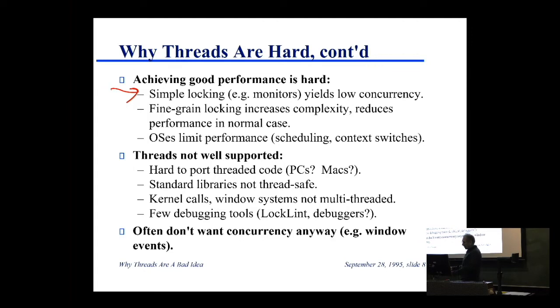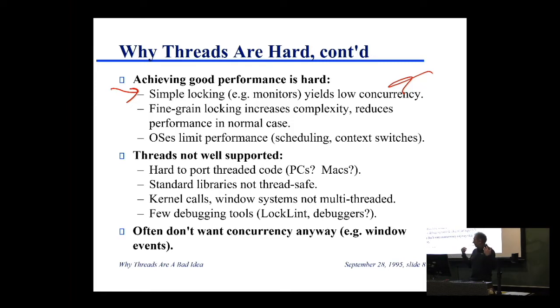For instance, let's have one lock for the entire software system, for the entire operating system. Our life is super simple now. There's no deadlock, there's no race conditions because we always grab the giant lock. But that might be simple, but that leads to really low levels of concurrency. Only one activity within that large operating system lock at a time.